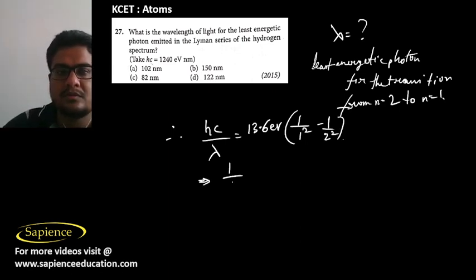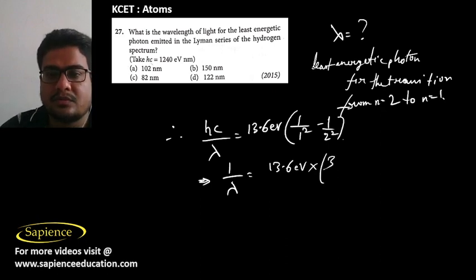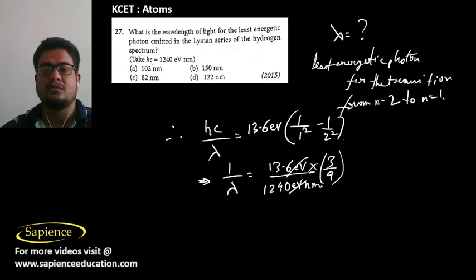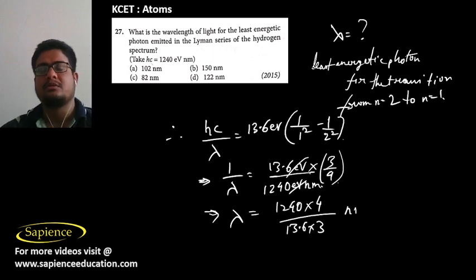Therefore 1 by lambda equals 13.6 electron volt into 1 minus 1 by 4, that is 3 by 4, divided by hc. hc is 1240 electron volt. Electron volt will cancel. Therefore lambda will be equal to 1240 into 4 by 13.6 into 3 nanometer.